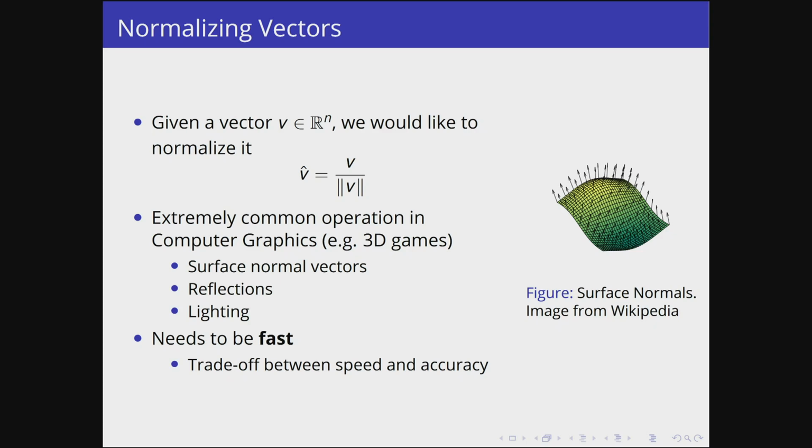And we need to do it like sometimes millions of times per second, even more. We can find those operations in like normal vectors to surfaces, in reflections, in lightings. Here we have a good figure of surface normals. This is really common for computer games and also for generating this image.